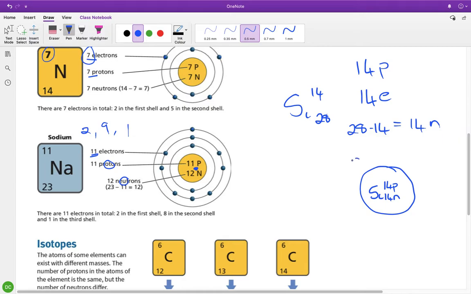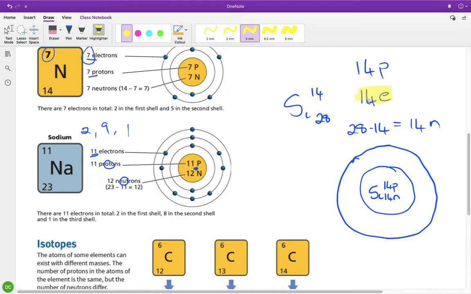Now my first shell. Once I'm in shells, I'm only looking at the electrons. So I have 14 of them. Only 2 can go into my first shell. So there's 1 and there's 2. If I take 2 off that, I have 12 left. Each shell can only take 8, so I will fill this one up: 1, 2, 3, 4, 5, 6, 7, 8.